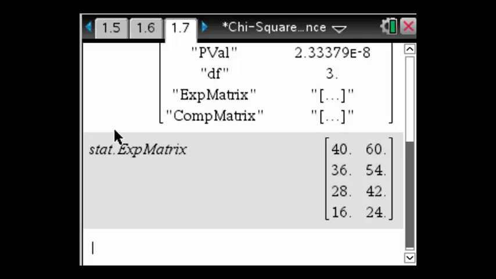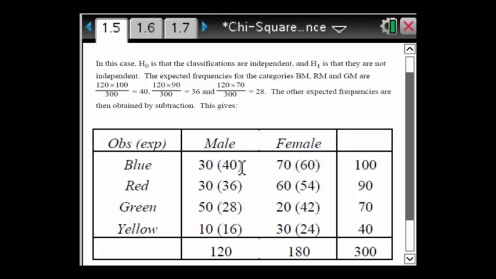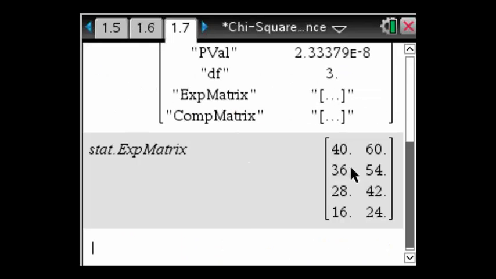And so that's the expected frequency matrix, where column 1 is the males, column 2 is the females, and you can compare it back to here. Those values in the brackets correspond to these values here. So you can do this test in the calculator application. You can do it in the notes application. You can also do it in the lists and spreadsheet.